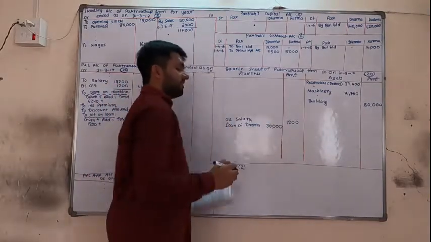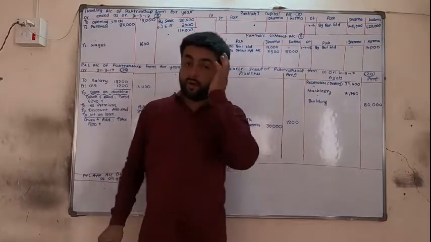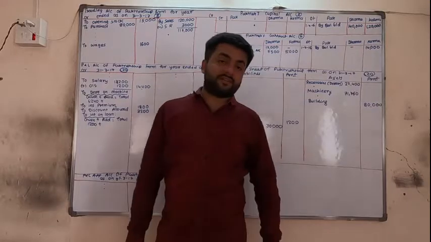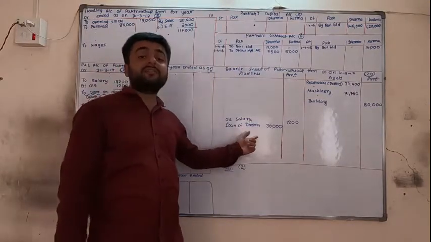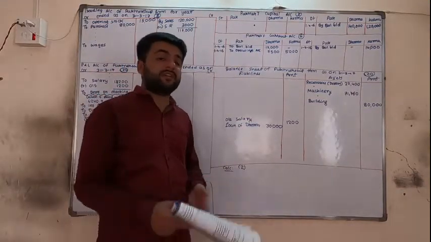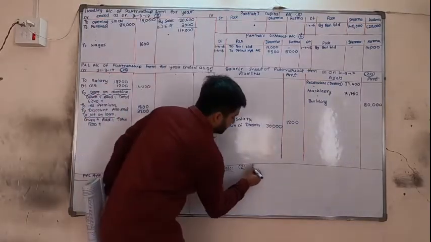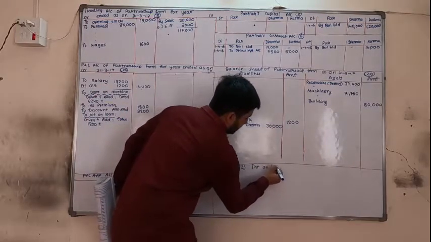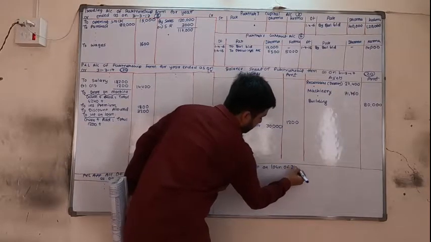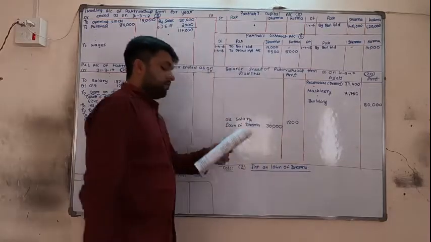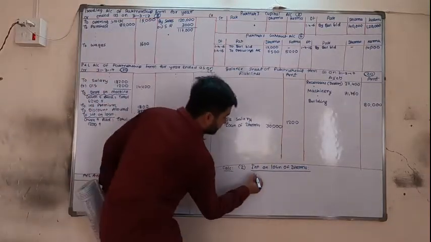See friends, again I will repeat. For interest on loan, given is 1200. For that, first write the loan. Only after that we can understand in the inner column because additional interest is given. So here we will write interest on loan of Therma. No date is given.